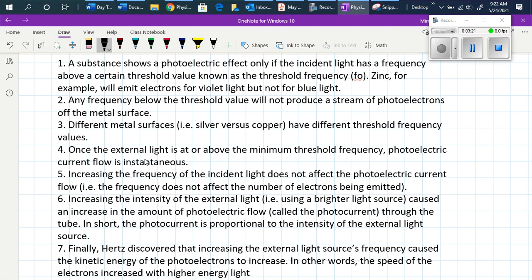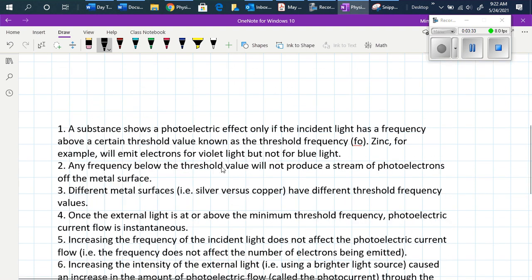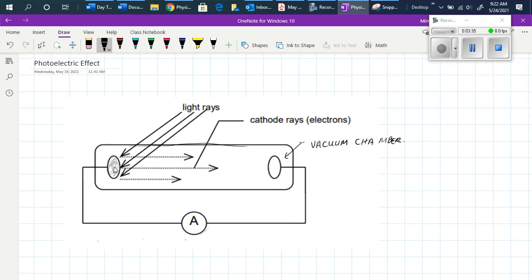Once the external light is above the minimum, the photoelectric effect is instantaneous. You don't have any time delay as the light hits the plate and the circuit is closed, which means that the electrons are flowing and you notice an intensity of the current.